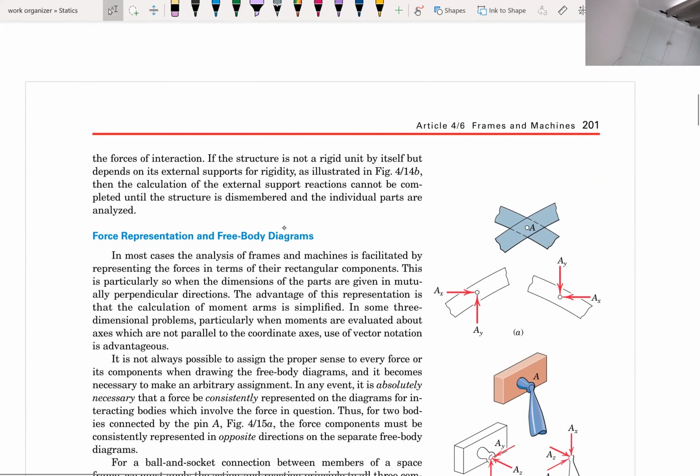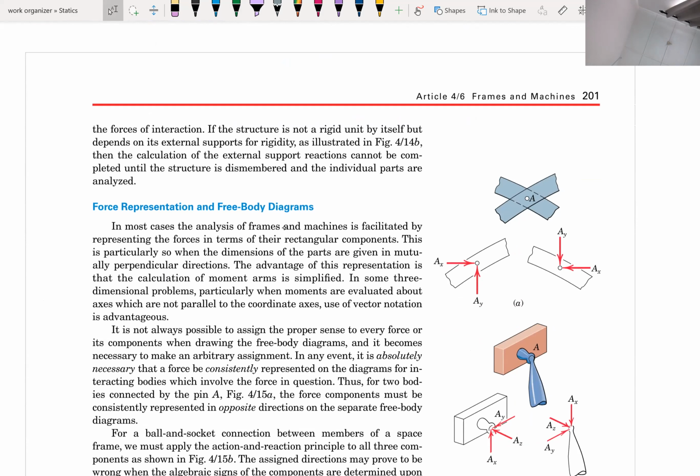Now, in any event, it is absolutely necessary that a force be consistently represented on the diagram for interacting bodies.